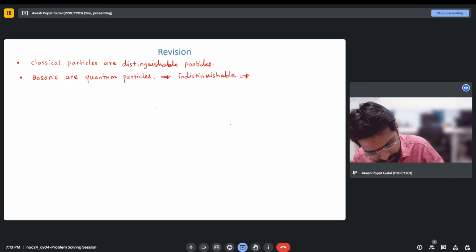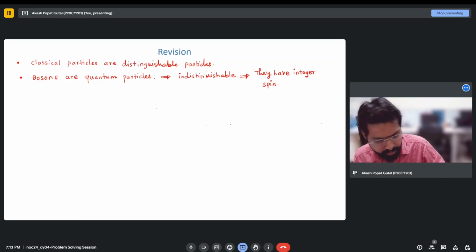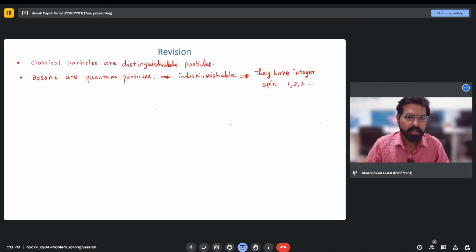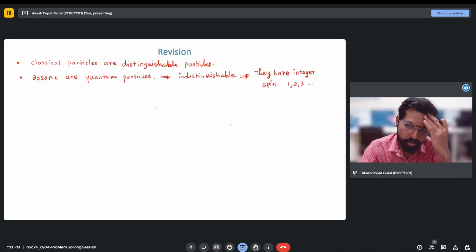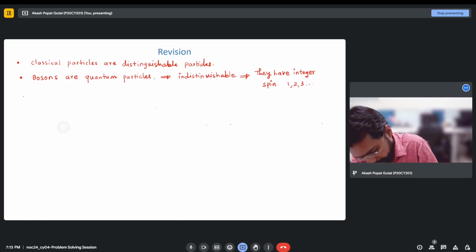We also know that they have integer spin. So their spin can be 1 or 2, 3, but not half or something. Only integer spins are allowed for bosonic particles.